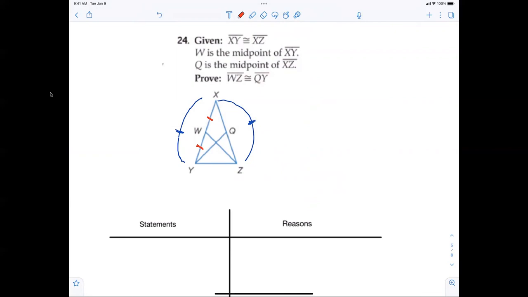So can I say that XQ is equal to WX now? Can I say all four of those are congruent? We could say that's true, correct?